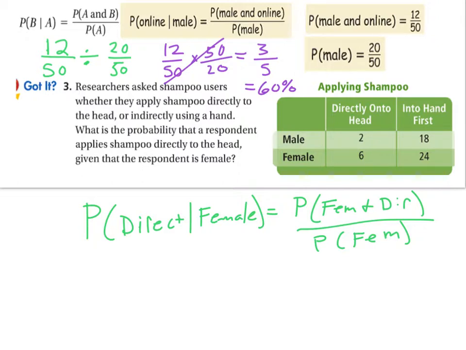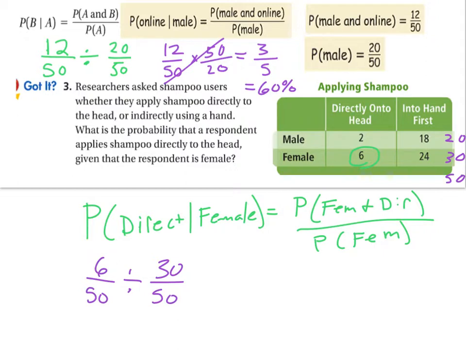Okay, so female and direct, that's only 6. And did they say how many people, or am I going to have to figure that out? Looks like I'll have to figure that out. So, let's see, this is 30, oh, it's 50 again. 30 and 20 makes 50. So, it is 50, so 6 out of 50 for female and direct. And again, I'm just going to say divided by probability of being female, so that's 30 out of 50.